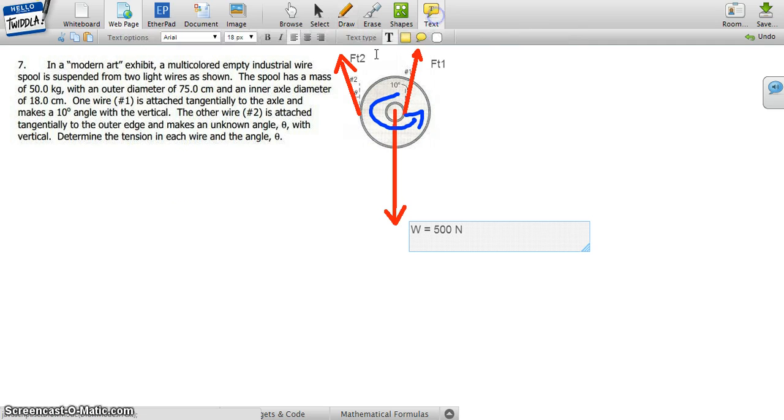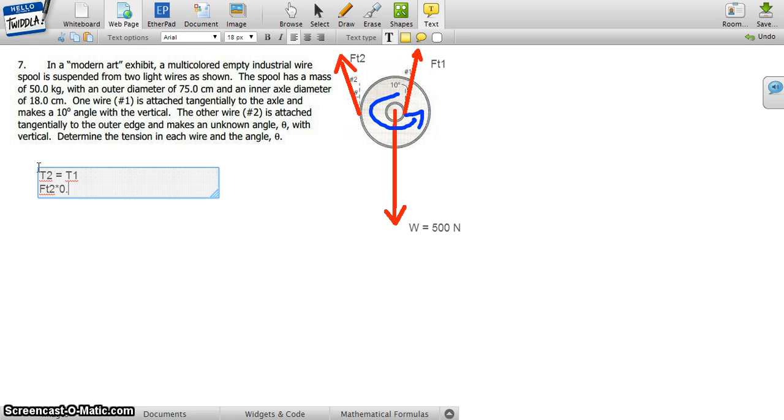So from this, my torque equation becomes torque from 2 equals torque from 1. Torque from 2 would be Ft2 times the distance away, which would be 0.375 meters, times, it says that it's tangent to the outer edge, so that means it's going to be 90 degrees.